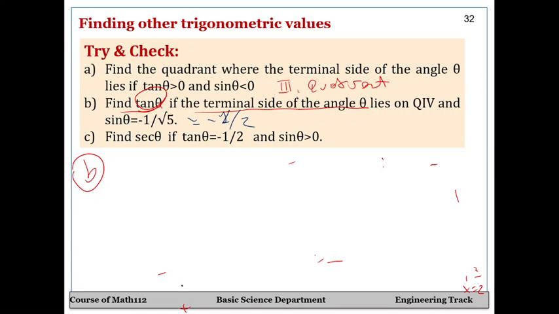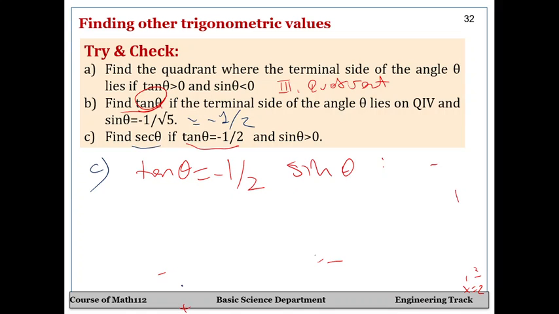Now, let's look at secant theta. Find secant theta if tangent theta is equal to minus 1 over 2 and sine theta is bigger than 0. So how can we do this? First, let's start with the quadrant. Tangent theta is minus 1 over 2 and sine is positive. So we have to find the quadrant where tangent is negative and sine is positive.